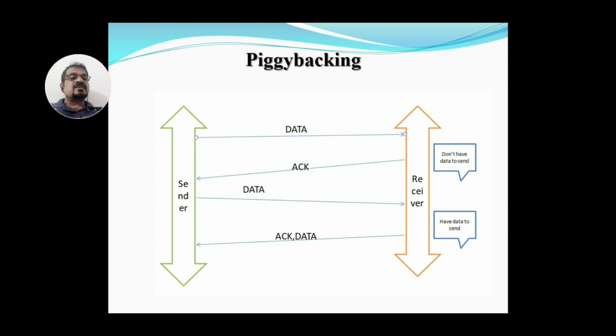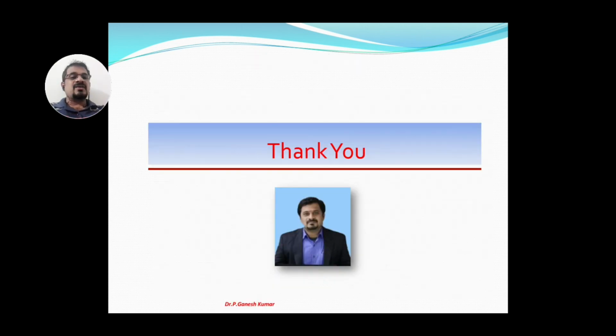In the second case, the sender is sending data, but now the receiver wants to send data too, so the receiver will send the data along with the acknowledgement together with your original information, so that we can reduce the number of packets traveling from one node to another node. This concept we call the piggybacking concept.